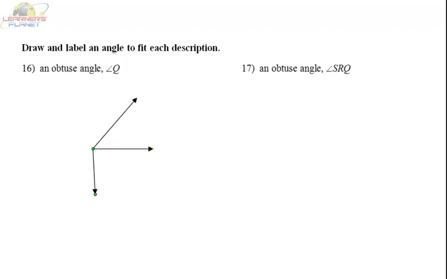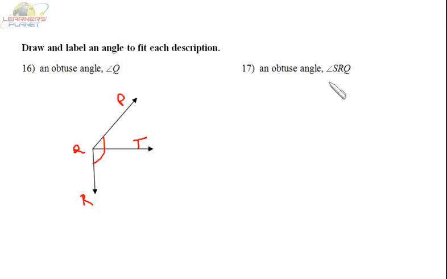Now you can see this angle is an acute angle and this is more than 90, so this complete angle will be an obtuse angle. Now just name it. Suppose it is Q, it is P and it is R. So PQR is an obtuse angle. Suppose it is T, then PQT will be an acute angle and PQR is an obtuse angle. So an obtuse angle Q we have drawn.